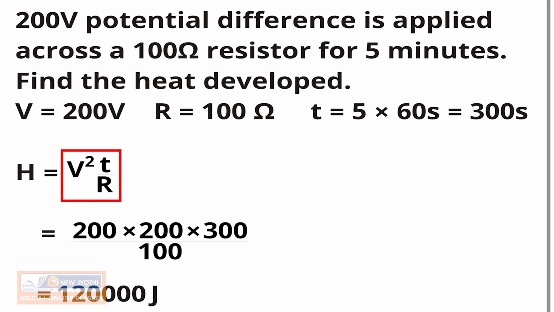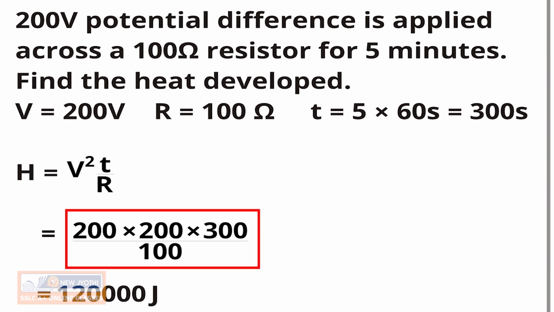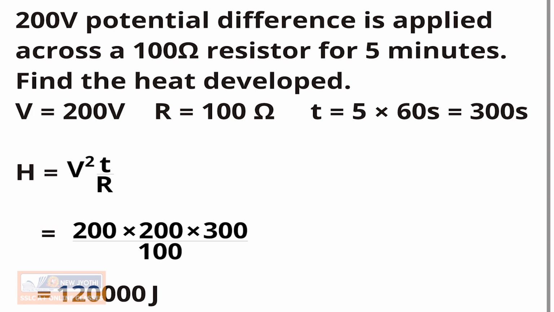H equals V squared by R into T, which equals, substituting the values, 200 into 200, that is V square, into T, that is 300, by 100. 200 into 200 into 300 by 100 is equal to 1,20,000 joules.